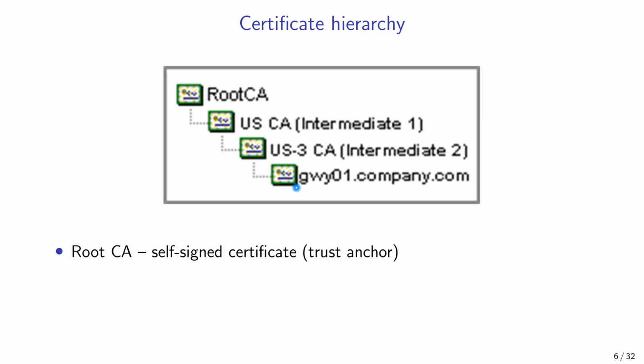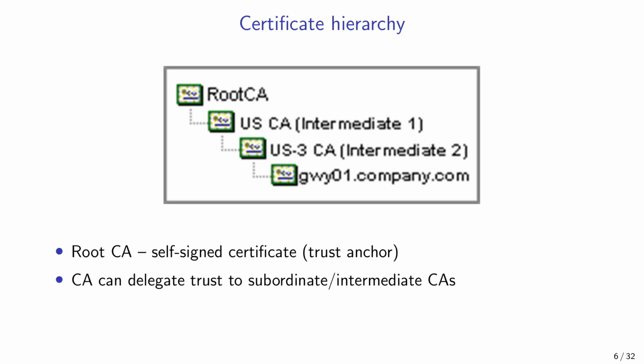And finally, those can issue end entity certificates. So a CA can delegate trust to subordinate or intermediate CAs. When the CA issues a certificate, it can specify in the certificate whether this will be a CA certificate and is therefore allowed to issue other certificates, or this is an end entity certificate.